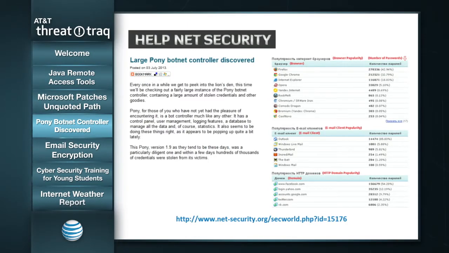What I found interesting here is they list a number of different browsers for which passwords had been stolen, presumably from the browser's caching or storage.